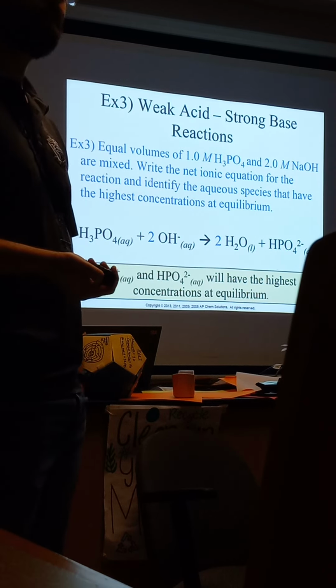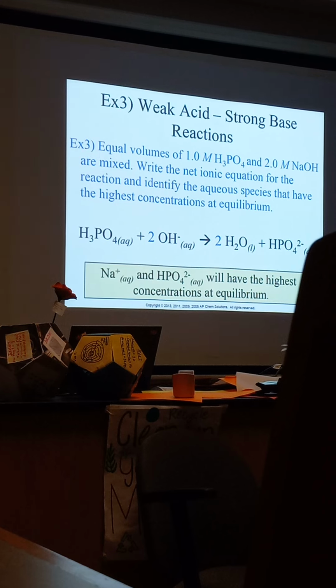I thought the conjugate acid would be one of the highest concentrations. So would HPO4 be a conjugate acid? No, it's the conjugate base. Because it was the acid over here, because this is the strong base pushing it over. Oh yeah. Sorry, never mind. Conjugate base.